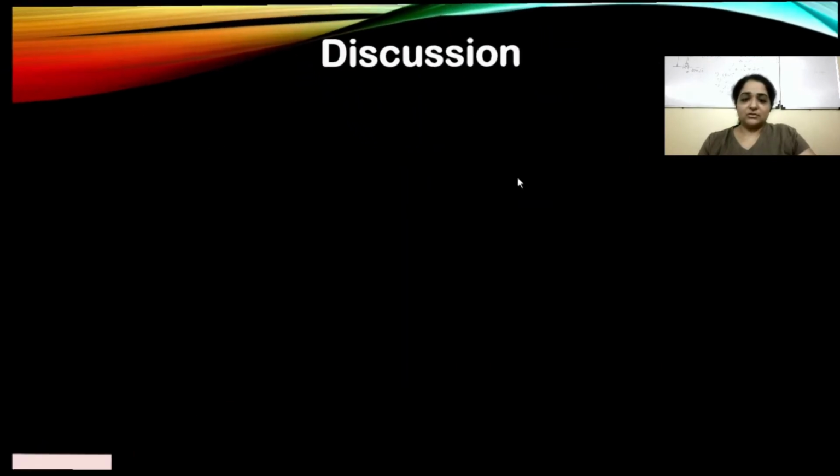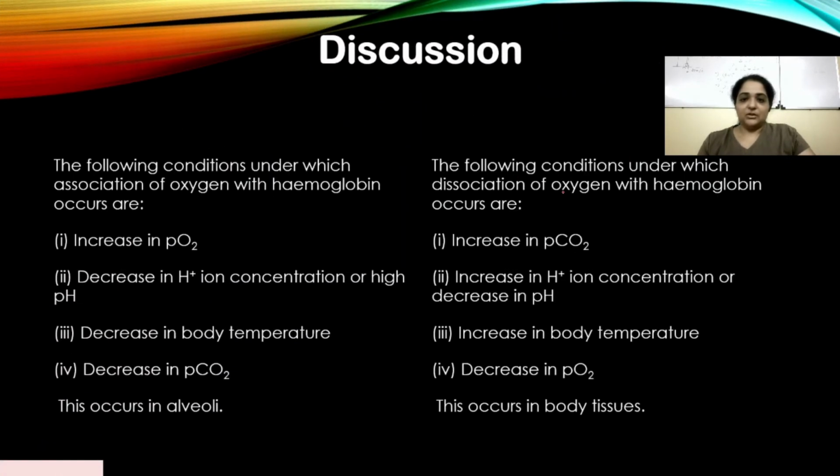I'll also come back to the table here. If you remember these two tables, under what conditions association of oxygen with hemoglobin occurs and dissociation of oxygen from hemoglobin occurs, the following will happen. So this was not a factual based question. This was application.